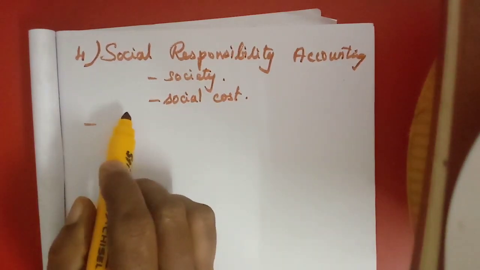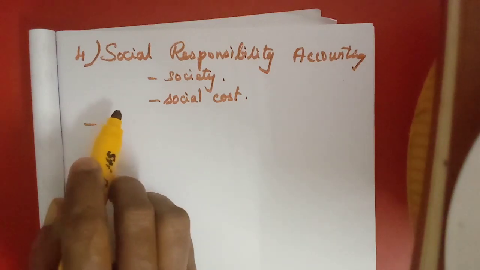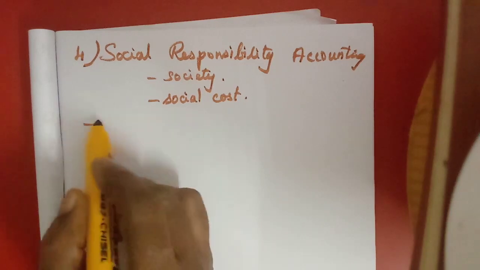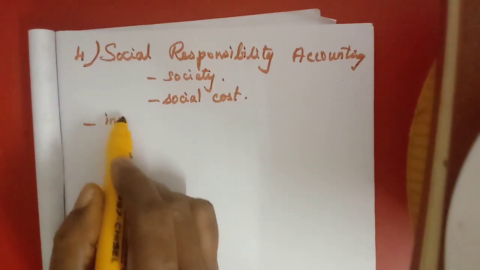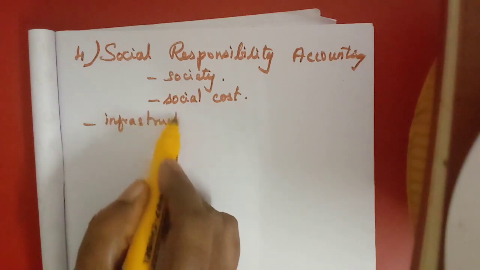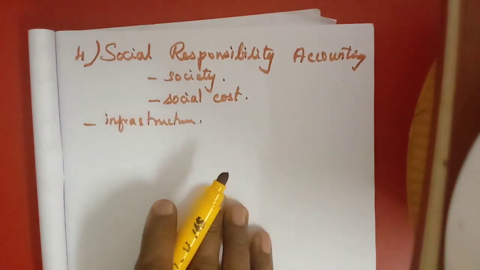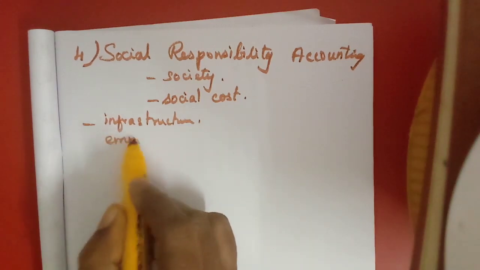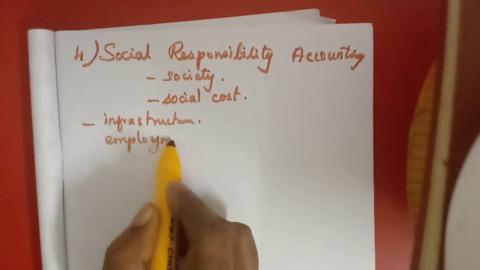For what all will they spend in this social cost? Keeping up the infrastructure facilities, that means they will construct buildings and infrastructure. The people who will be working there are the employees of that locality, isn't it? They provide employment opportunities. That is also one responsibility.